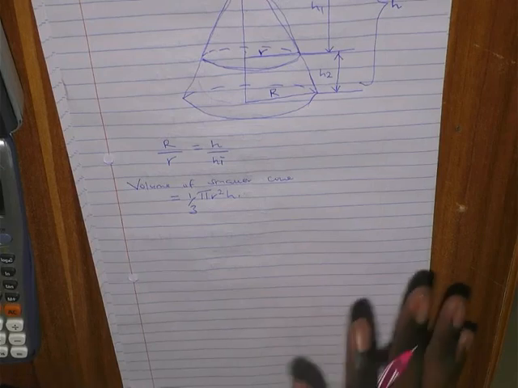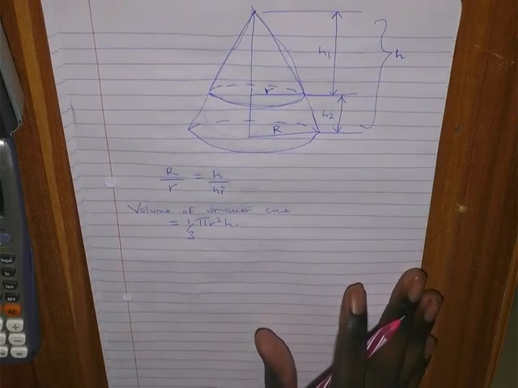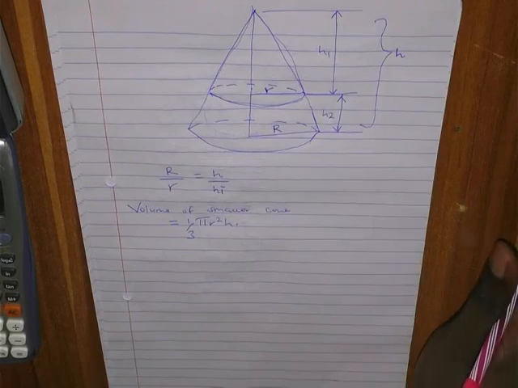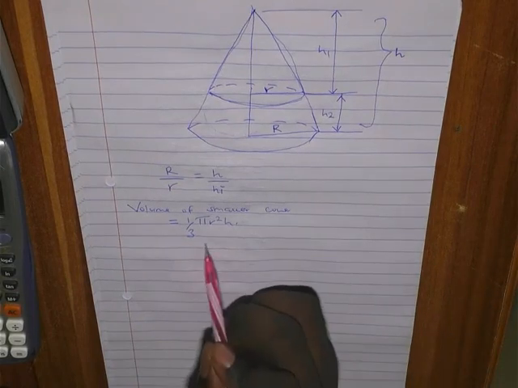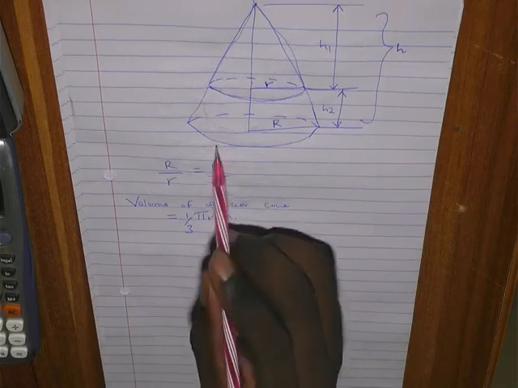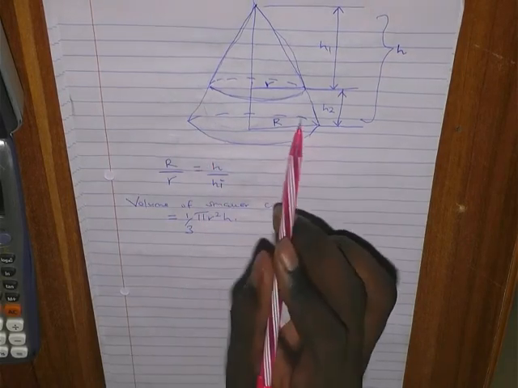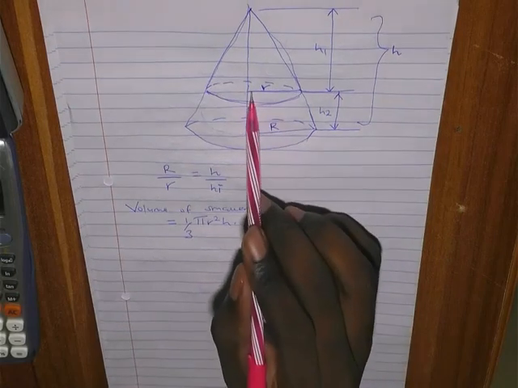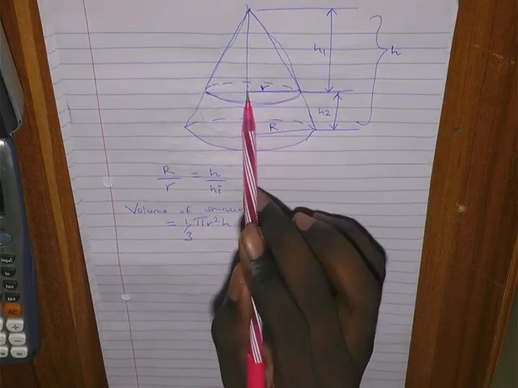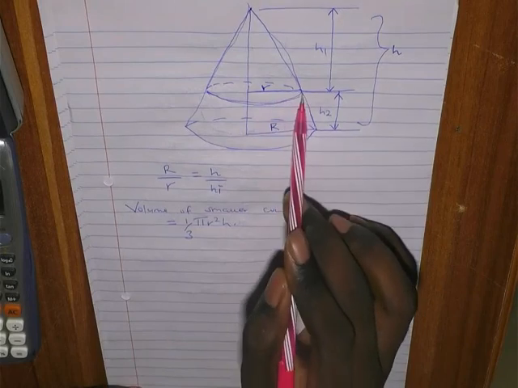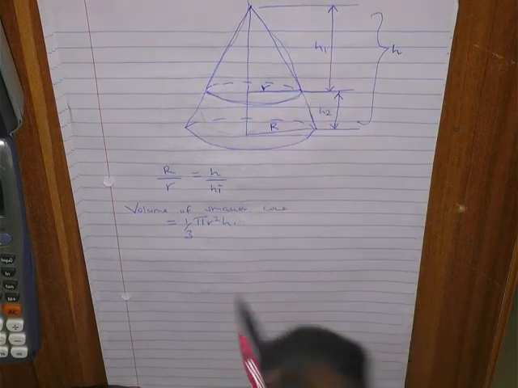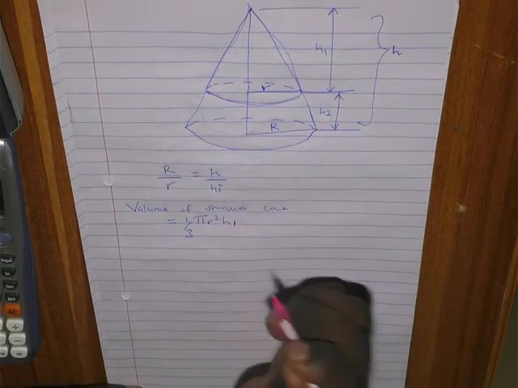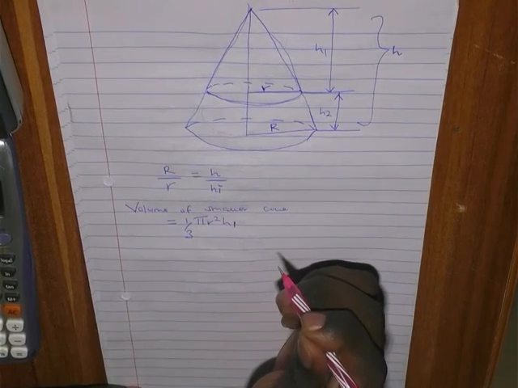So that's how we usually calculate the volume of a cone. It's a third base area times height, and how we get the base area is getting the area of the circle. So the area of the circle is pi r squared. You find our r here is the small r, and our h here is actually the h1. So that's the volume of the small cone.